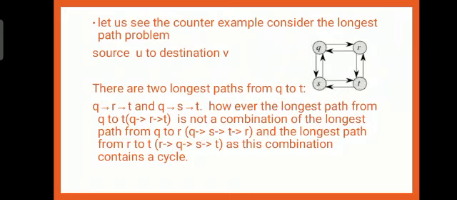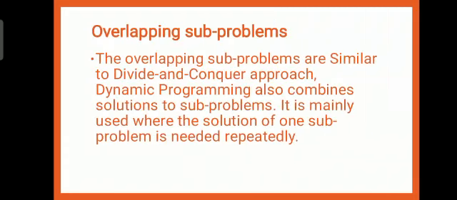The source is Q and the destination is T. There are two longest paths from Q to T, that is Q to R, R to T, and Q to S and S to T. However, the longest path from Q to T, that is Q to R, R to T, is not a combination of the longest path from Q to R. The longest path from Q to R is Q to S, S to T, and T to R, and from R to T it is R to Q, Q to S, S to T, as the combination contains a cycle. This is an example of the longest path.